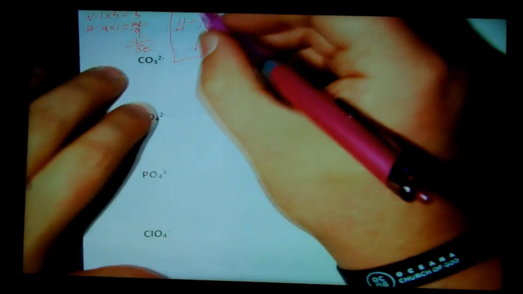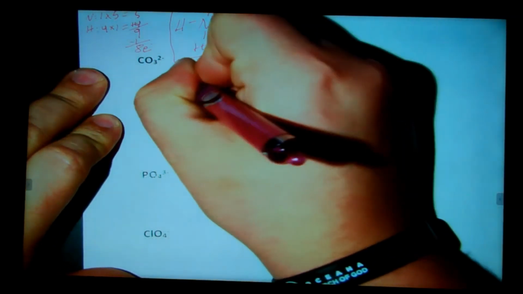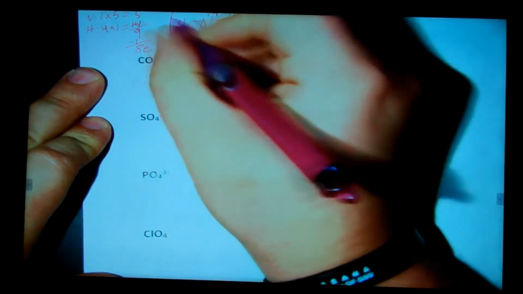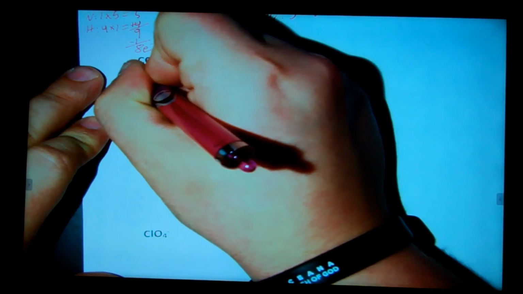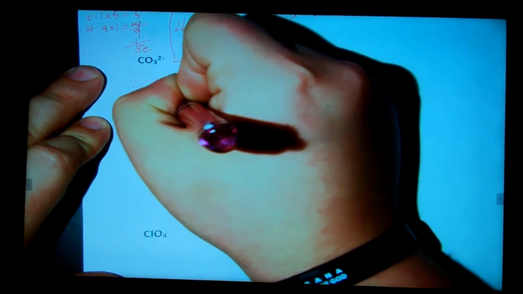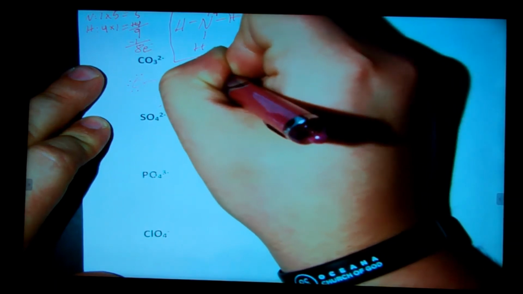Carbonate. Center atom, carbon. Draw the skeleton, full octet. Calculate the number of electrons for this.